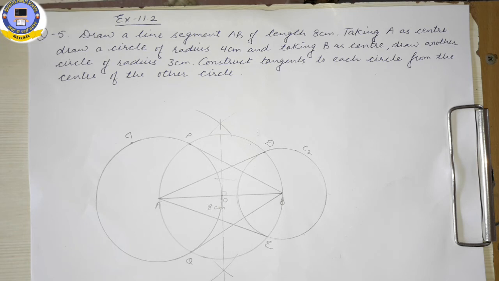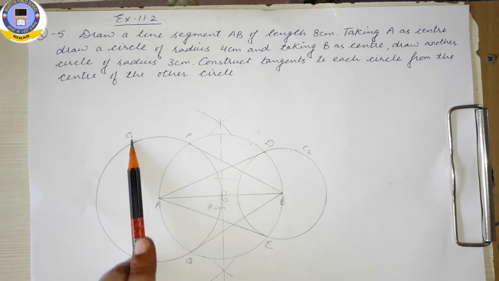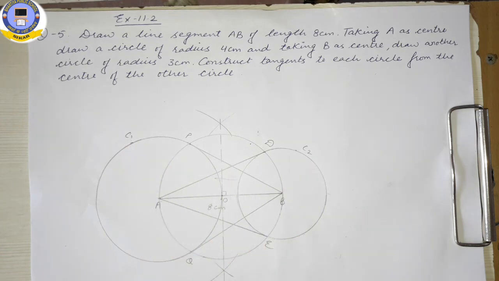So in this way we have completed this construction that two circles first of all we have drawn, one of radius 4 centimeter and another of radius 3 centimeter. One has center A and another has center B. Now question was, on both these circles C1 and C2 you need to draw tangents from center of the other circle. So we have drawn perpendicular bisector of AB. So we got midpoint of AB as well as perpendicular on AB.